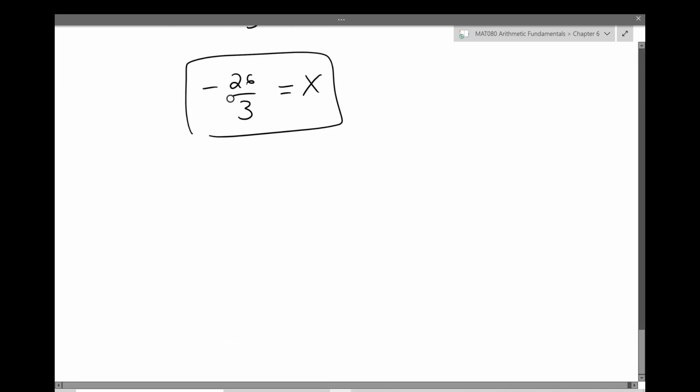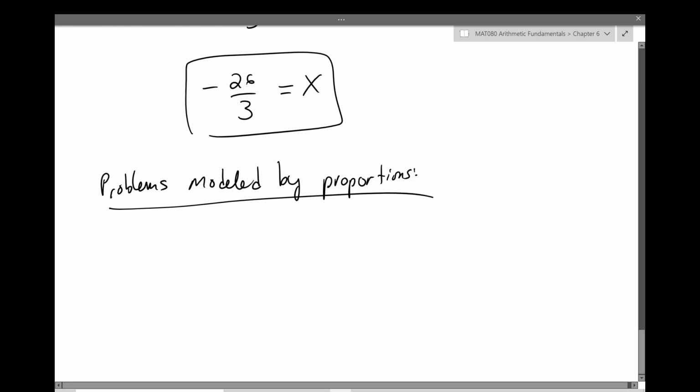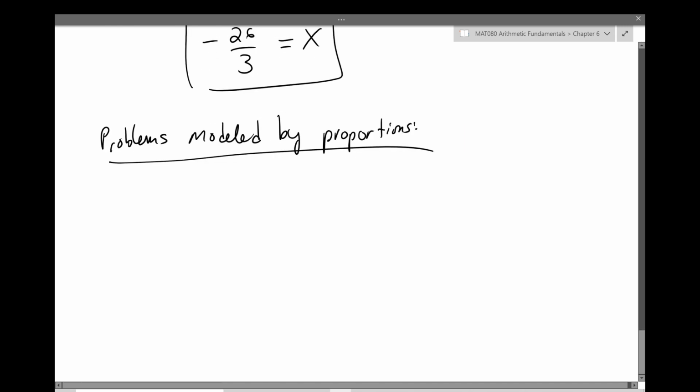Now, the last thing I want to go over, we'll do an application problem. Okay? So problems modeled by proportions. And we use these all the time, okay? So a really good example here is when you look at a map, all right?